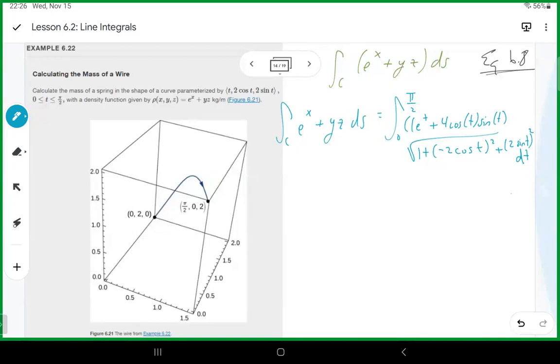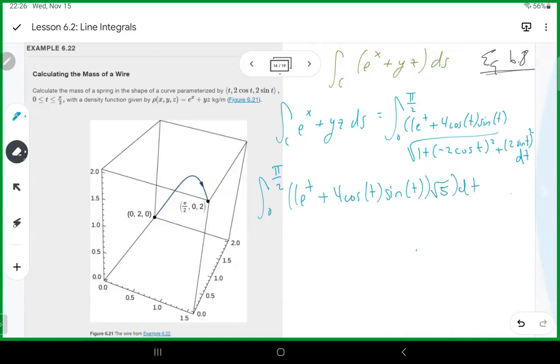Okay. So then we have 0, pi over 2, dt plus 4 cosine t sine t, square root of 5 dt.